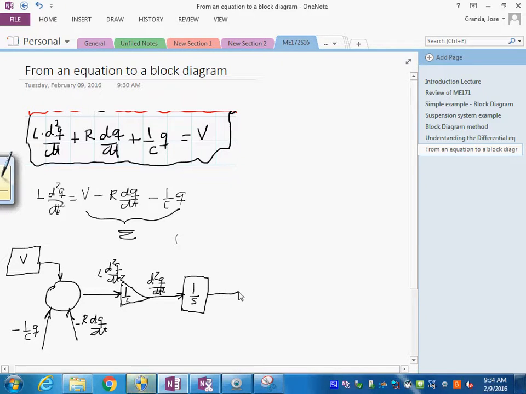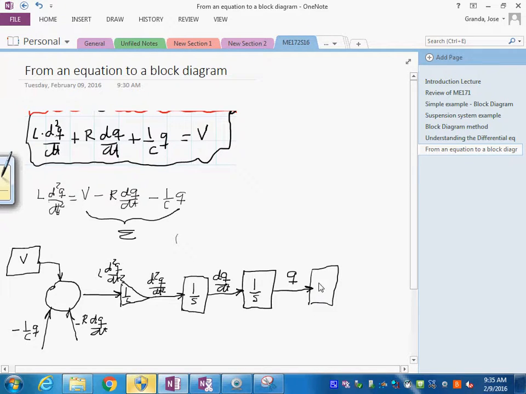You see, if you have the dq/dt and you see this R in here, it's basically an invitation for you to say, look, all this happening here on this block diagram is that when you multiply this signal by R, it actually gets completed here. See?